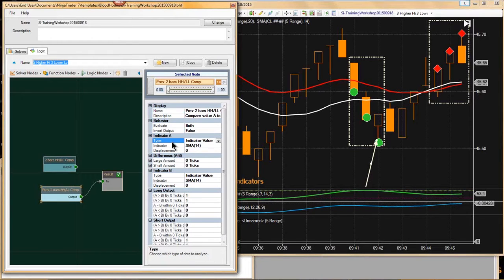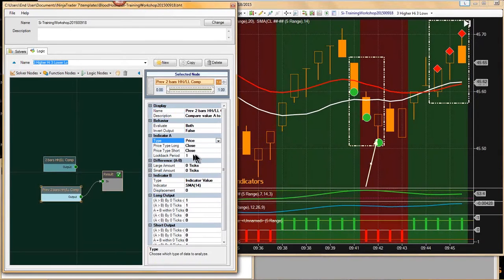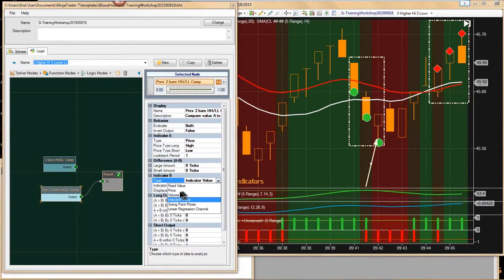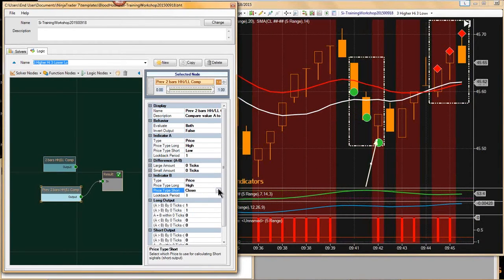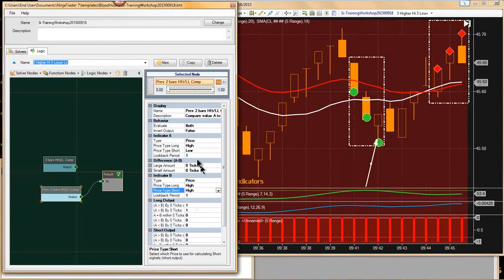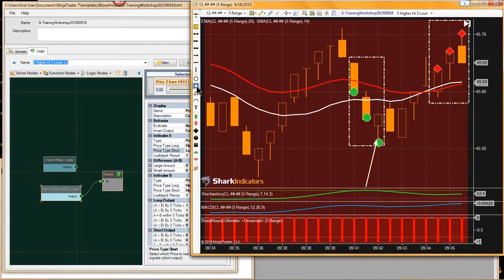Alright, so once again, I'm going to set this solver up almost identical to the previous one. So just give me a moment while I set this up. All right. Now this solver here is supposed to be looking at these two bars back here.